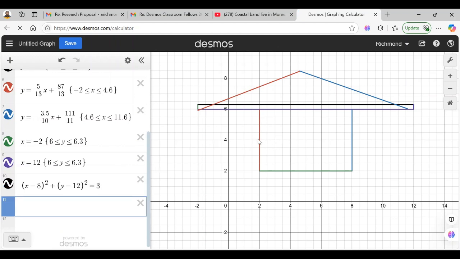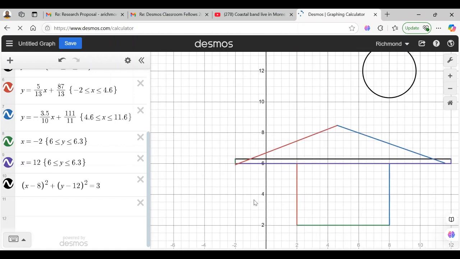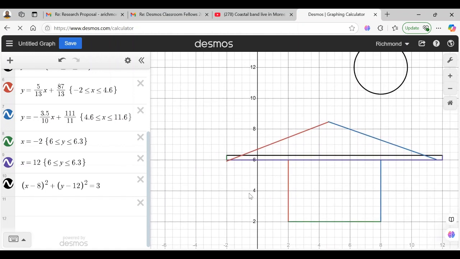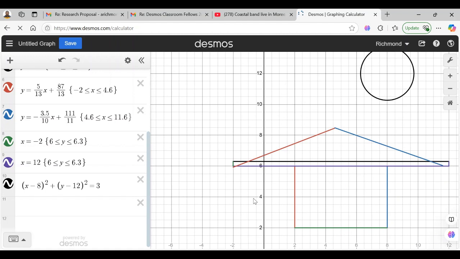That will be the equation of a circle, the sun in the sky. You can see it. Yep, that's nice. So that's the sun up there.